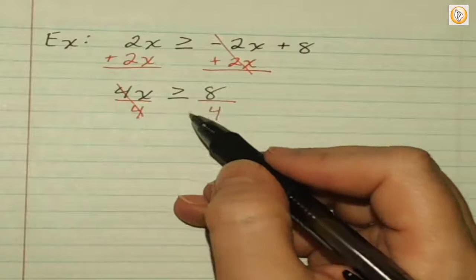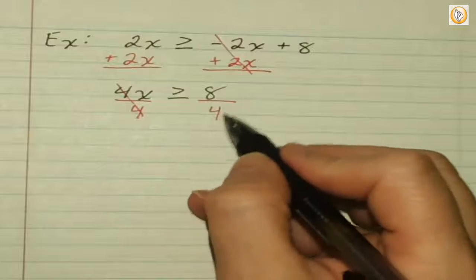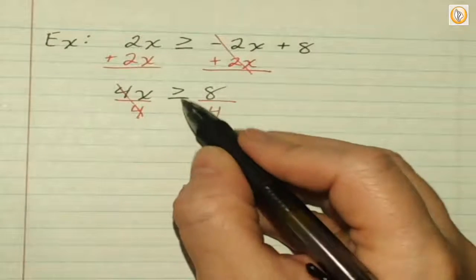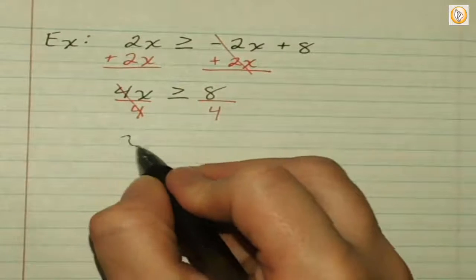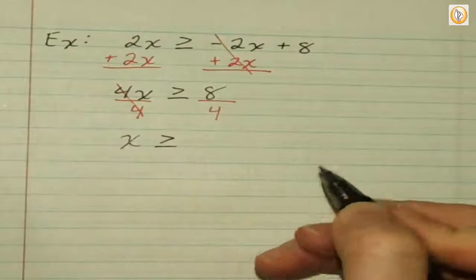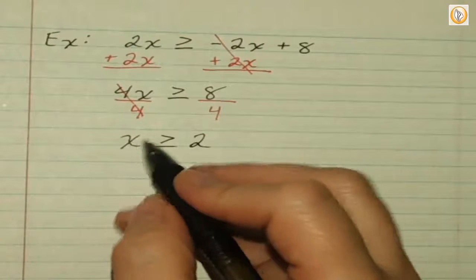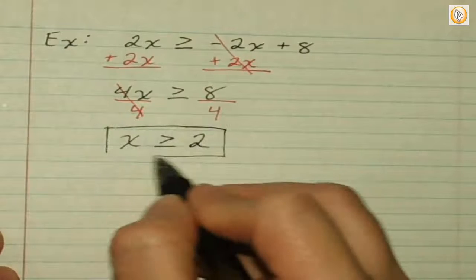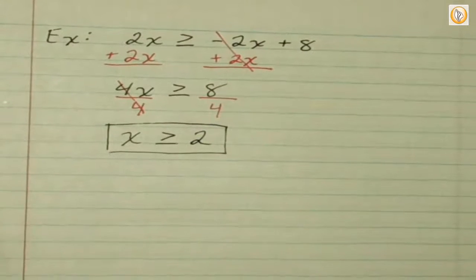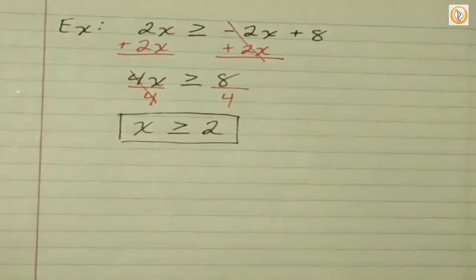Why not, Emily? Because we're not dividing by a negative, so this inequality stays the same. So I'm left with x is greater than or equal to 2. Perfecto. That wasn't bad. Making more sense. Good job, Emily.